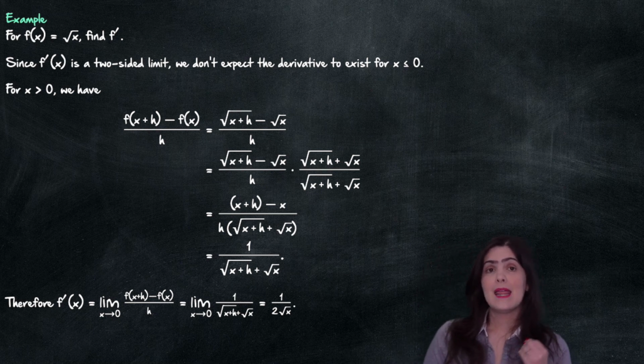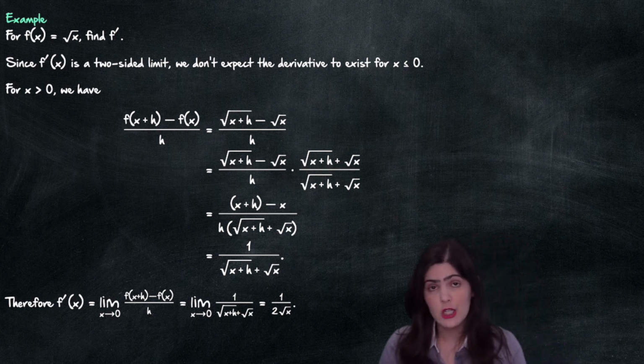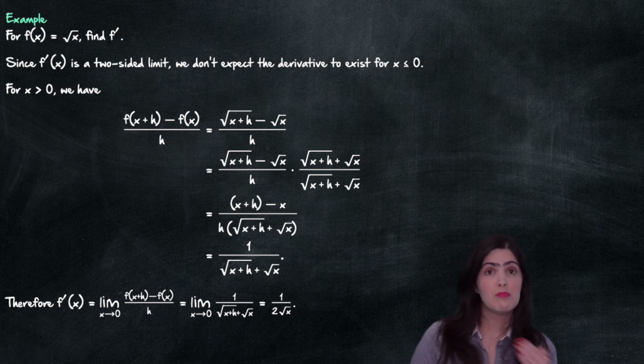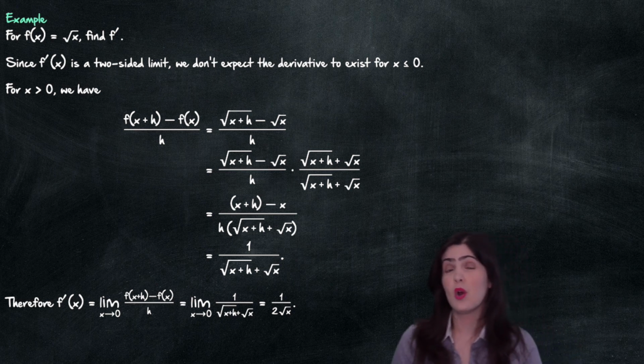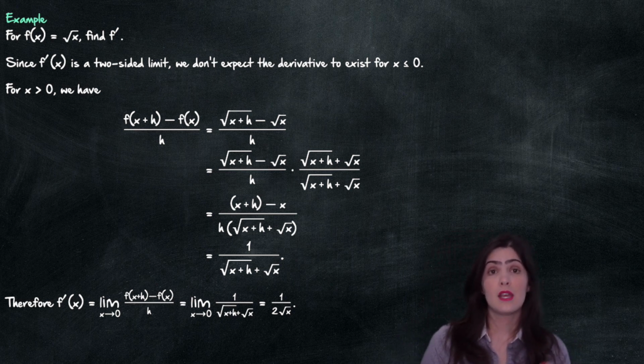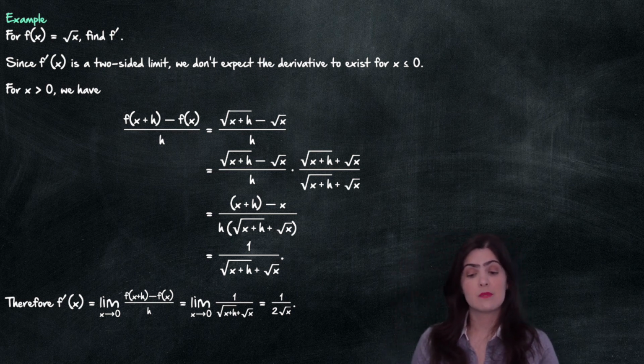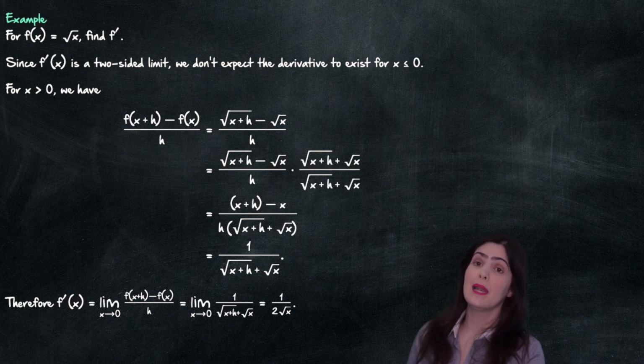Now, the square root function is continuous at any point in the domain. So for any x greater than or equal to 0, my function square root of x is continuous. So that's why I can just plug in 0 to compute the limit.